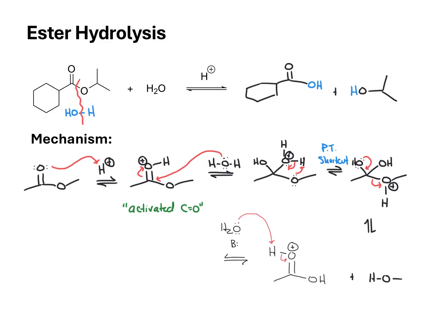That will grab the proton, leaving us with the neutral carboxylic acid. So we have ended up with our alcohol and carboxylic acid.